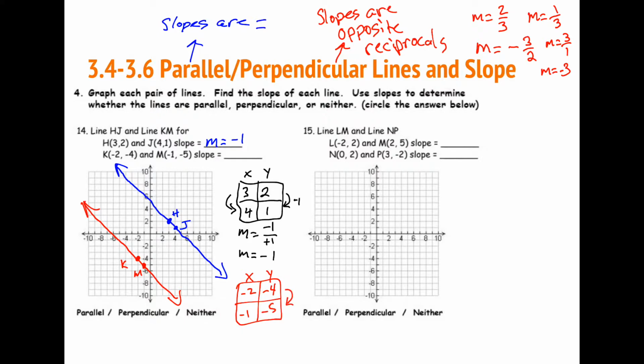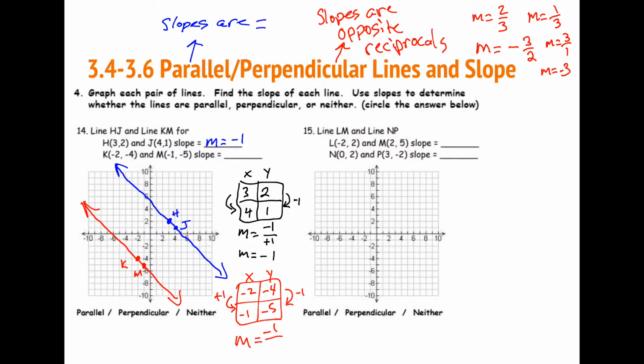Okay, so we've got to ask ourselves, how do I get from -4 to -5? This one's a little tricky. We're going to be going down 1, subtracting 1. Right, so if we're at -4 and we subtract 1 more, we'll get to -5. And to get from -2 to -1, we're going to increase 1. So my change of y is going to be -1.